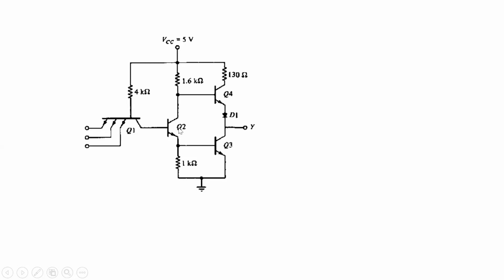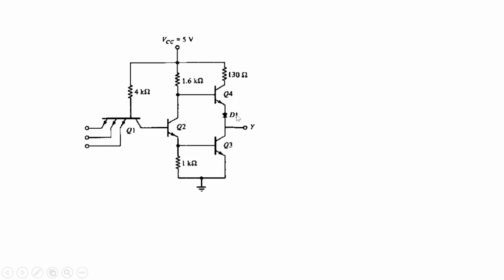The base emitter voltage of transistor Q2 is 0.7 volt, and the collector emitter voltage of transistor Q2 is 0.2. So the potential at this point will be 0.9 volt.